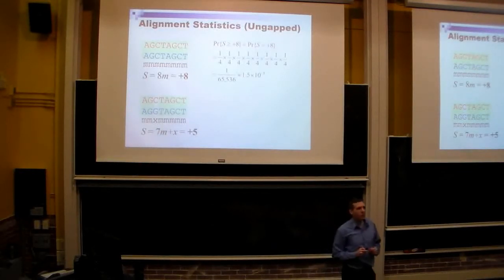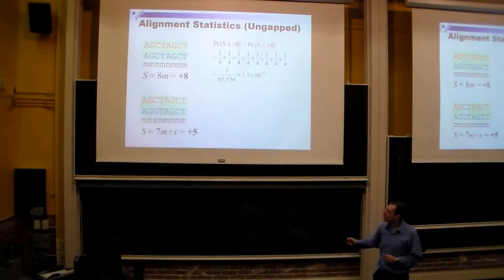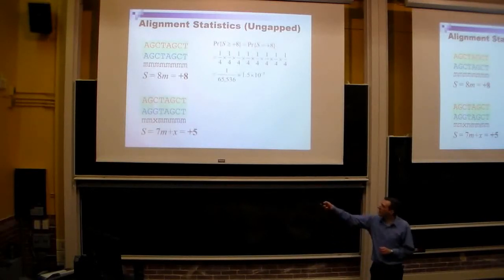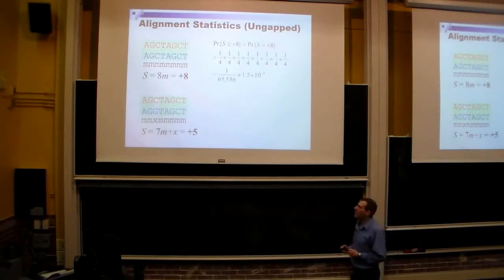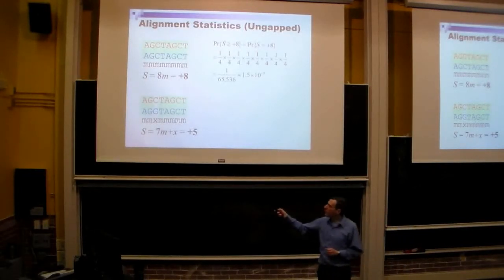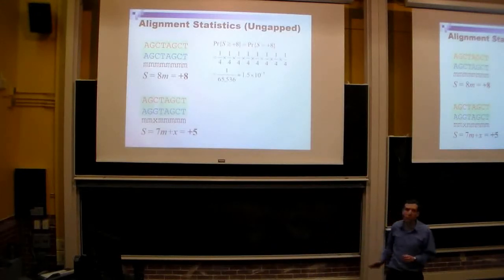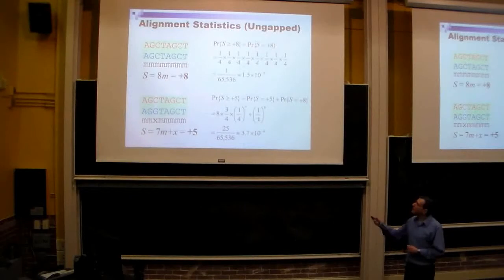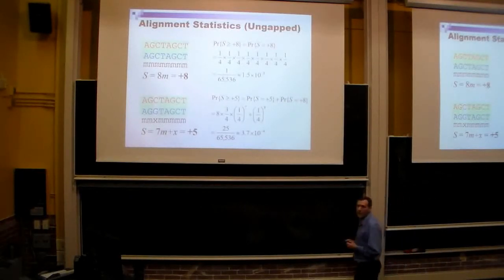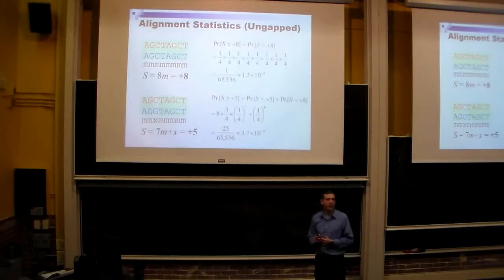All right, so things get a little more complicated when we start considering worse scores. So let's take this alignment where we've got a mismatch and 7 matches. In that case, we would want to know the p-value of our alignment for the score s equals +5. And to figure that out, we would say the probability that we're looking for is the probability s is at least +5.